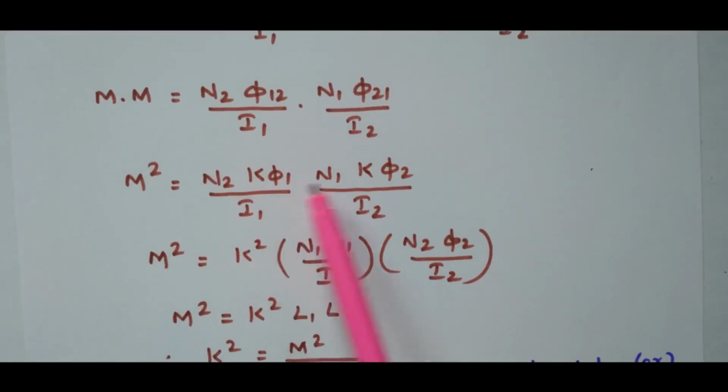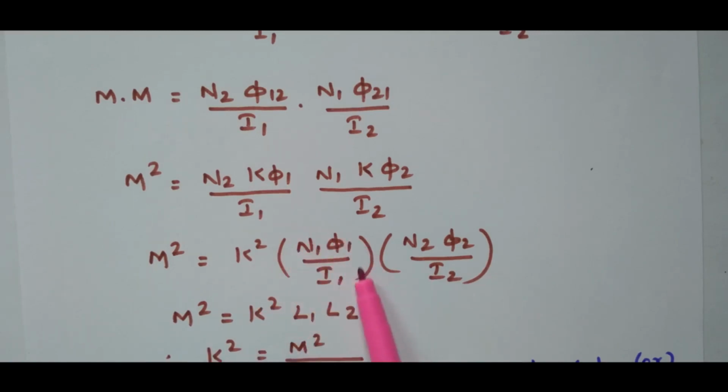Now we have two K's available, so it becomes K square. And the coil 1 terms are written separately, coil 2 terms are written separately. For example, N1 phi 1 by I1 and N2 phi 2 by I2. So M square equal to K square.